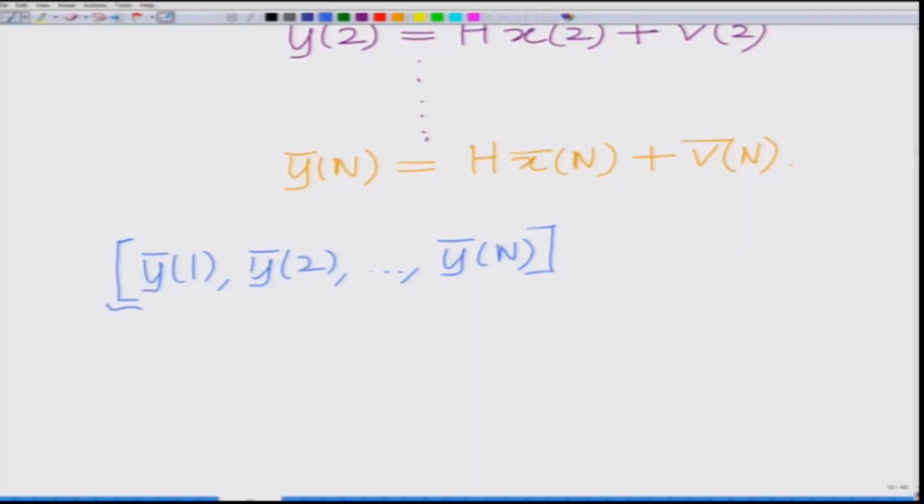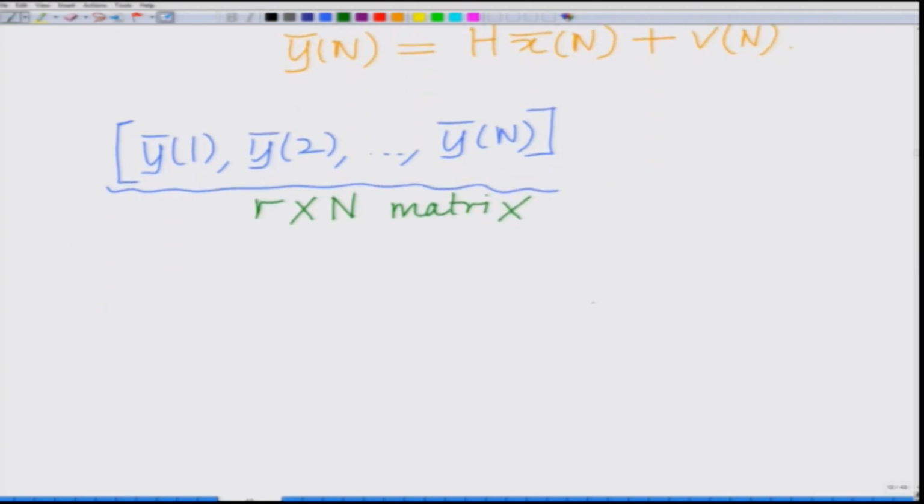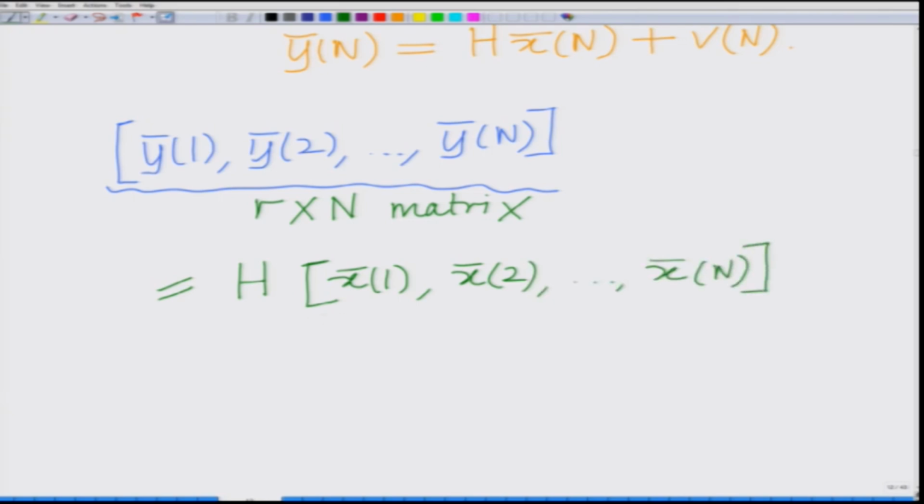Each vector is R dimensional and I have n such vectors, so this is an R cross n matrix, and this is equal to H times x bar of 1, x bar of 2, up to x bar of n.